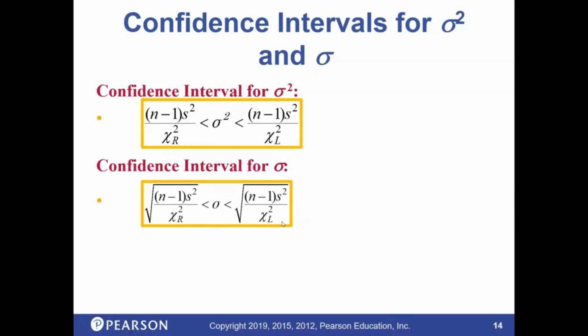So I know we used our calculator for all the other confidence intervals, but for whatever reason, that is not an option for the chi-squared stuff. Okay. So you're going to need to have those formulas down so that you can use those on your test.